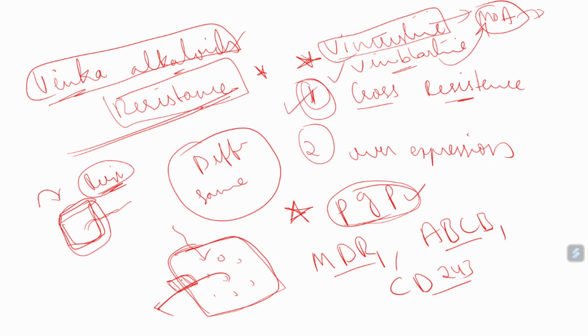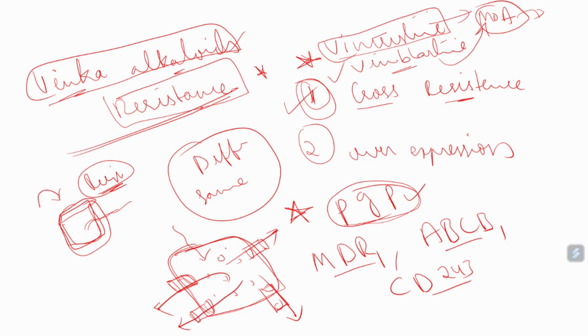So whenever these Pgp efflux proteins are overexpressed on the cells, they have a high probability to eject the drug out.